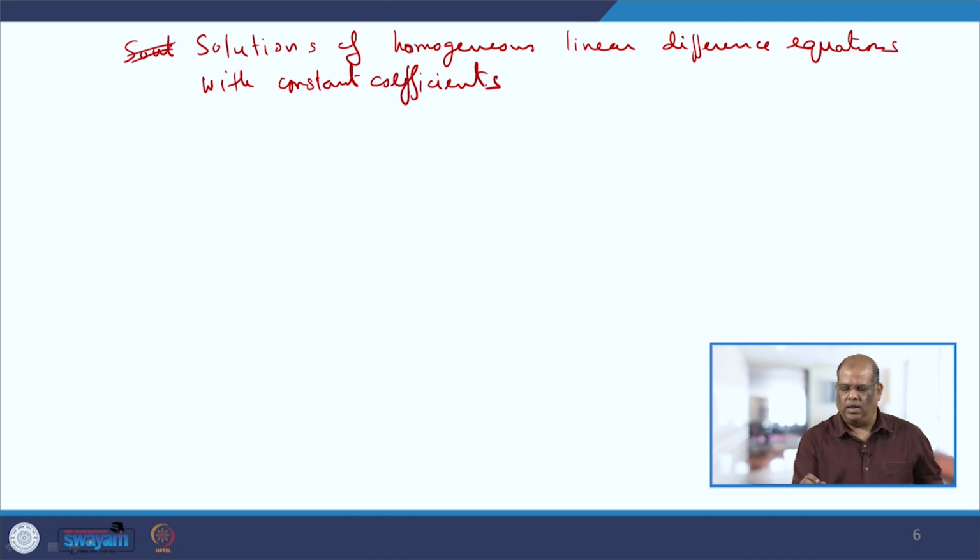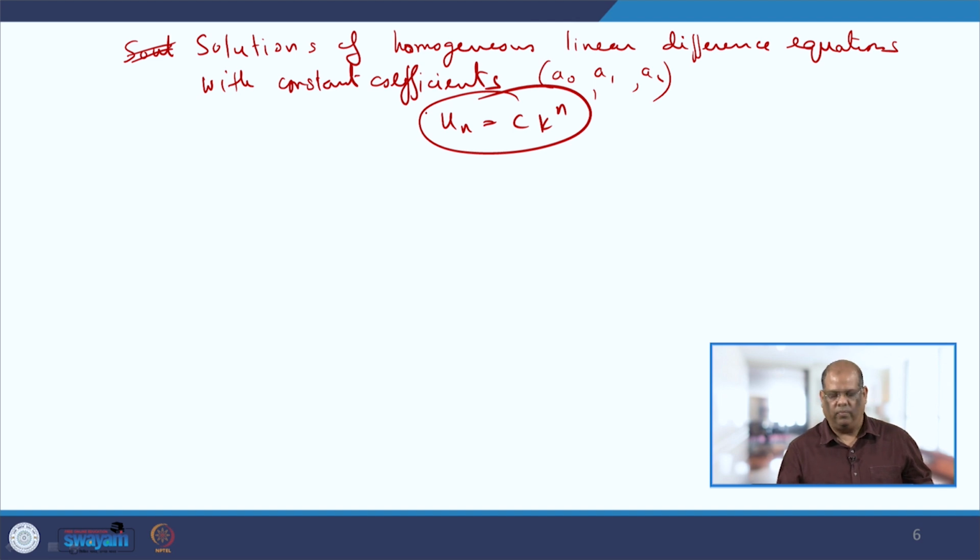When we were discussing this, we assumed that the constants A0, A1, A2 are all constant coefficients. So, they are a combination of the basic expression un equal to c times k to the power n. Mostly your general solution will be of this form for the models that we will be doing in this course. Now, what will happen to the solution of this difference equation depending on this value of k?